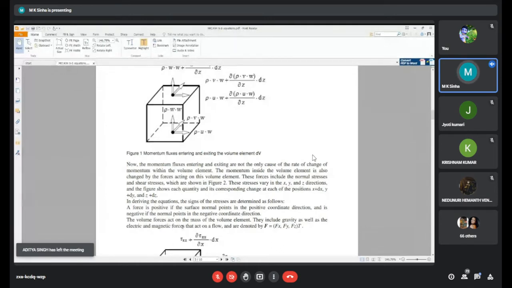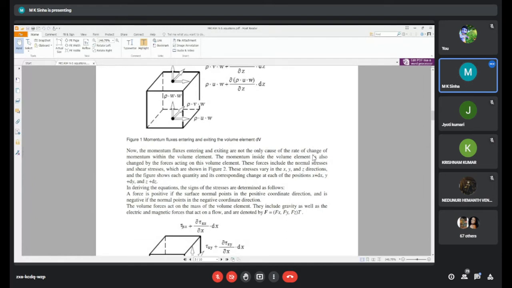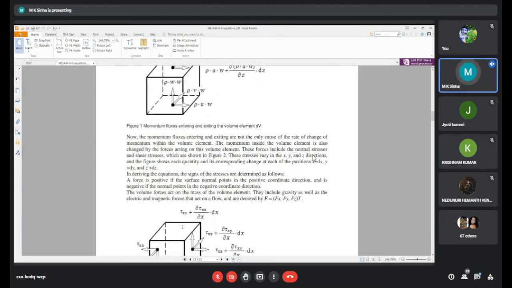And these forces include the normal stresses and shear stresses. And these stresses vary in the x, y, z direction, and the figure shows each quantity due to dx, dy and dz.